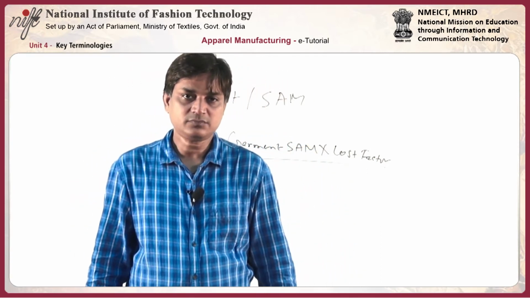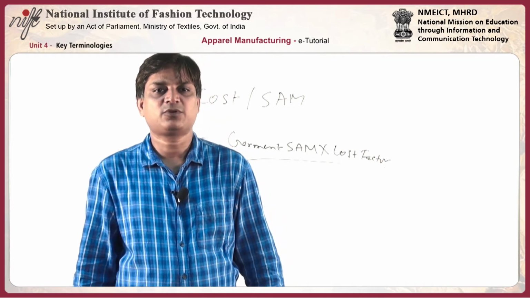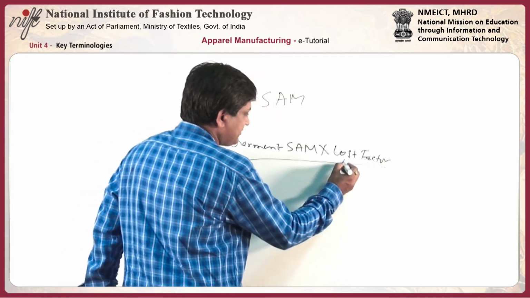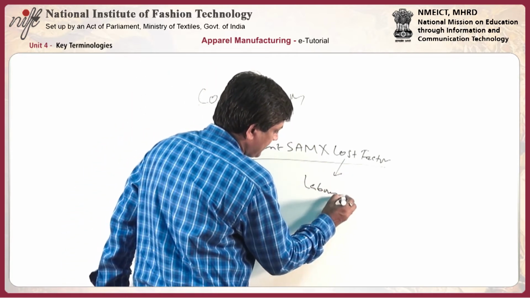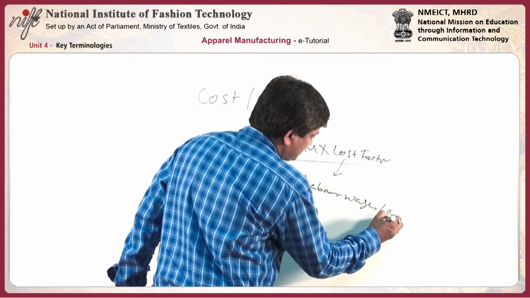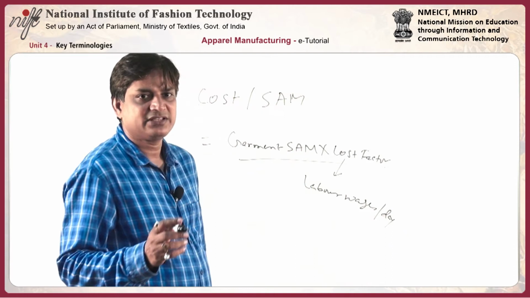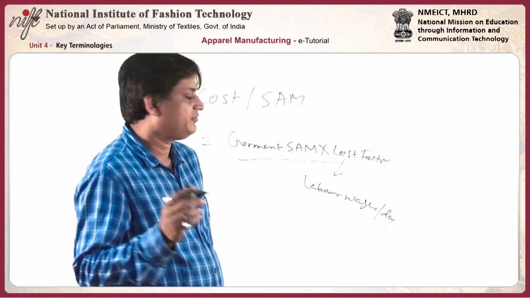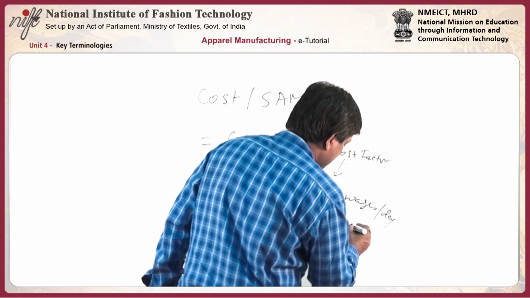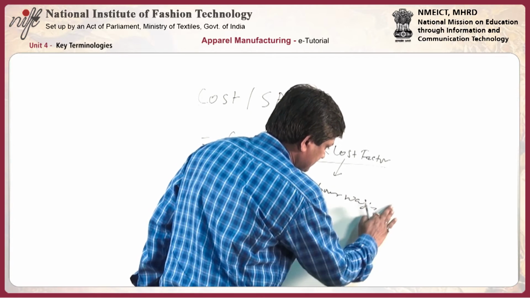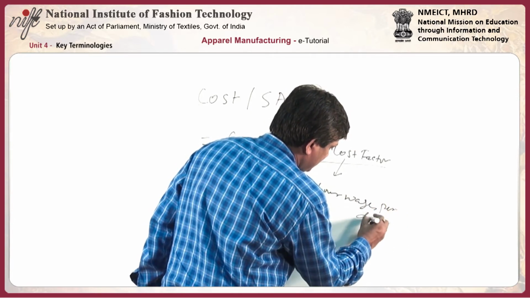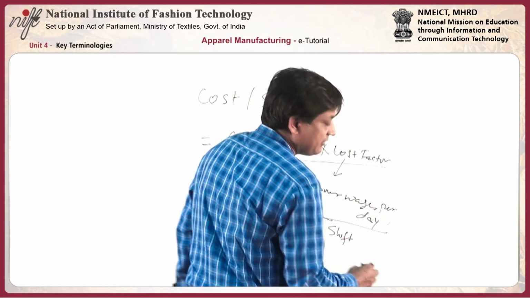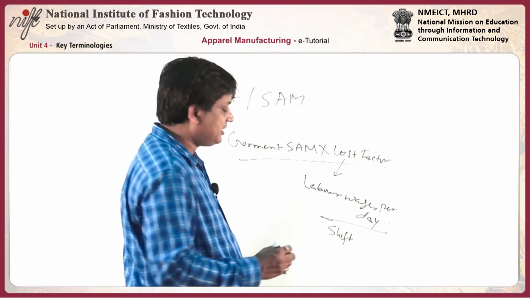Here, if you talk about the cost per SAM, the cost factor is basically labor wages per day, which is divided by the shift minutes into efficiency.